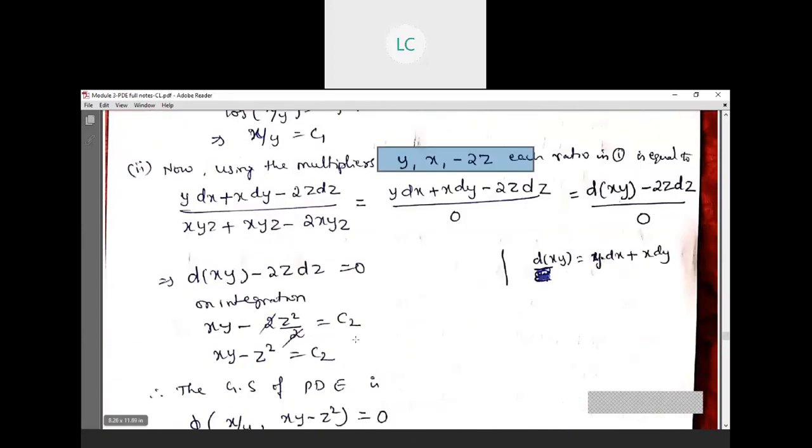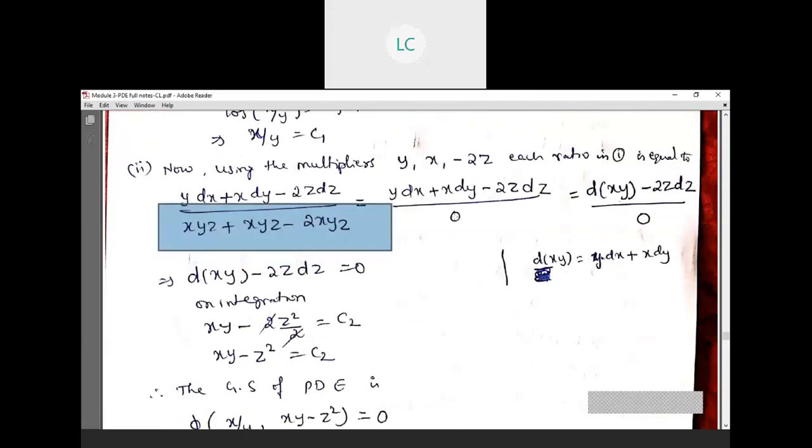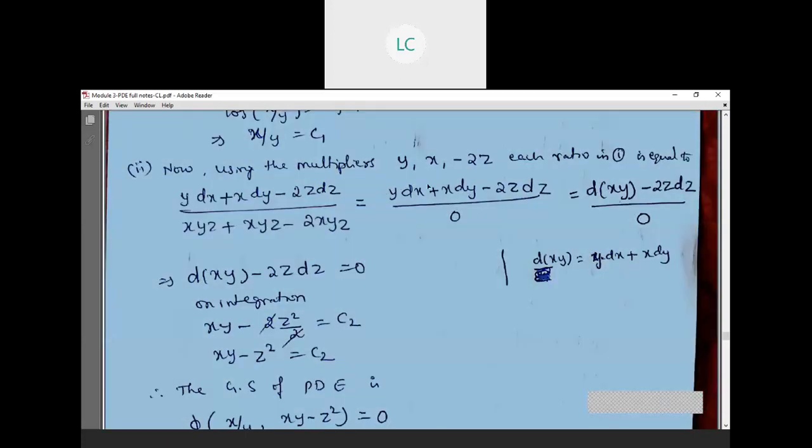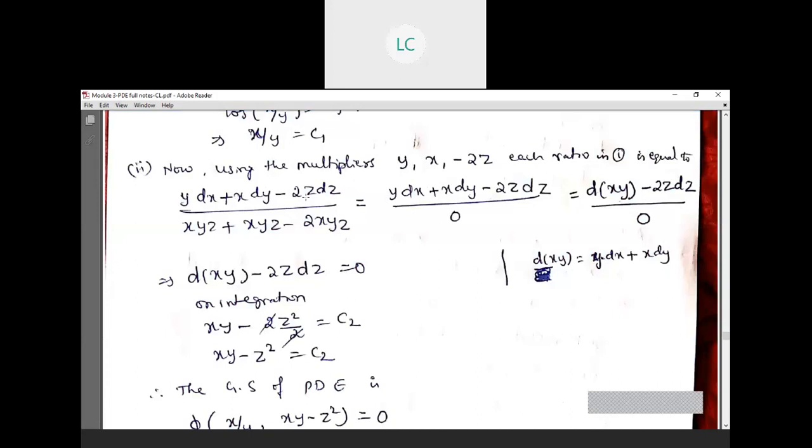If you use that, you will get the denominator as this. This is nothing but 0. Now observe the numerator. In the numerator you will get y dx plus x dy minus 2z dz, right? And observe here y dx plus x dy. We can't separate the variables, but we can write this as d of x y. d of x y means differentiation of x y gives you y dx plus x dy.